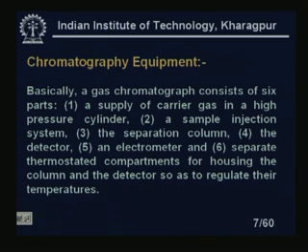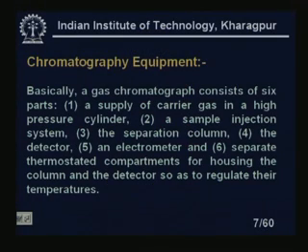Then the detector, which is most important. In these lessons we will discuss the detectors in much detail. There are various kinds of detectors. We have already discussed the packing materials in the case of gas chromatography, and we will discuss that to some extent in this lesson.